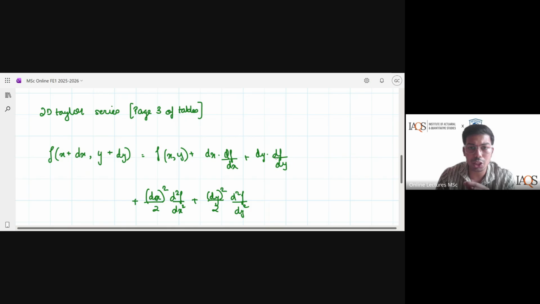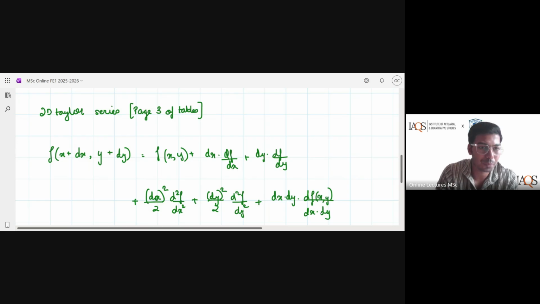There is one additional term over here, which is plus dx into dy, the derivative of the function f of x comma y partially with respect to x and partially with respect to y. This one term comes out, so it's ideally like a plus b the whole square: a square plus b square plus 2ab. It's of that sort. All right, this is what is called your two-dimensional Taylor series.